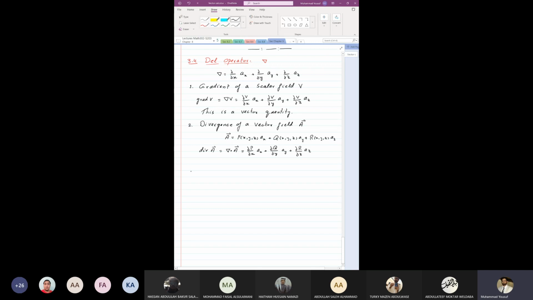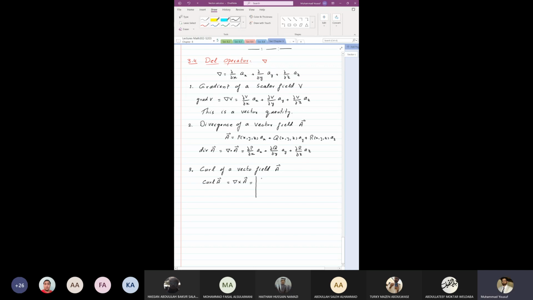Number 3 is curl. Curl of a vector field A. This vector field is the same, and the curl is written as curl A or del cross vector A. And how do we compute del cross vector A?